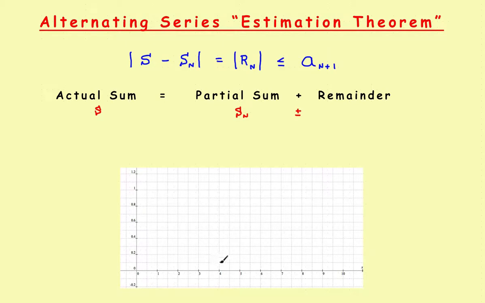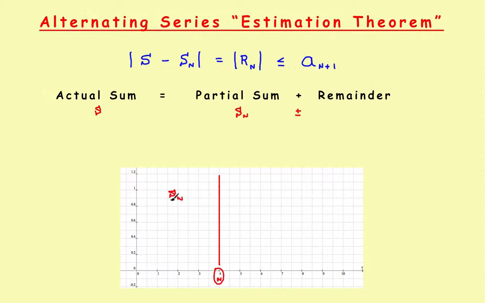First of all, you get to pick how many terms you want to sum up. Just for this example, let's suppose I let n be equal to 4. That divides the graph into two parts. If I sum up the first 4 terms, then the part over here would be represented by S sub n.